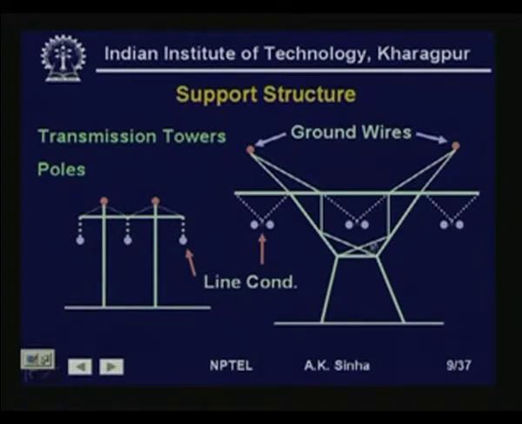Since these are at the top, the lightning will normally strike these ground wires, and these wires are grounded at the tower footing with low resistance. Therefore, when lightning strikes, it harmlessly flows to the ground without damaging the phase conductors at all.